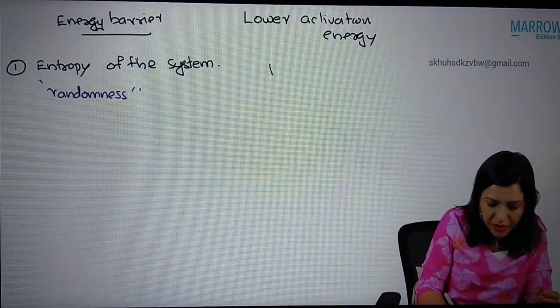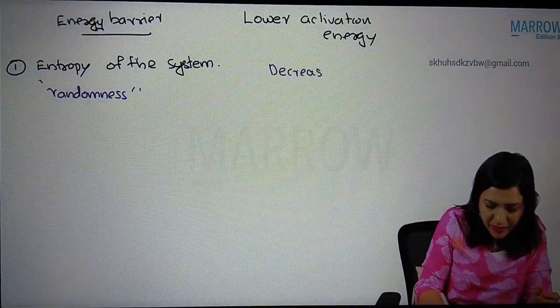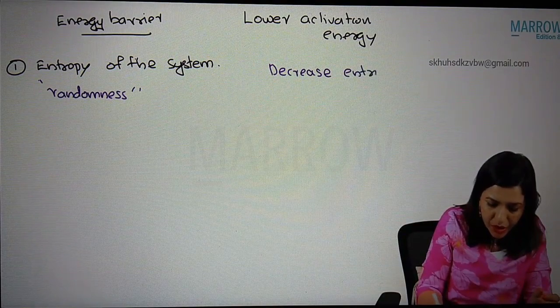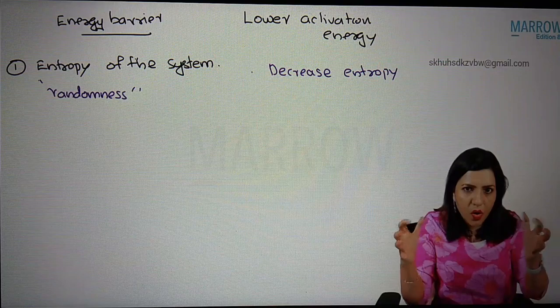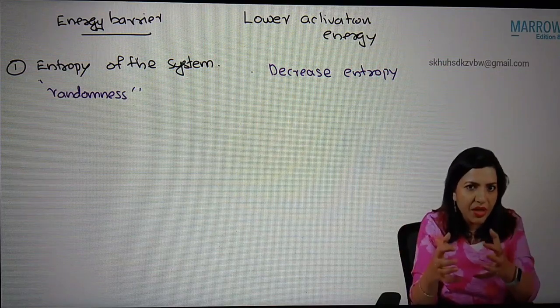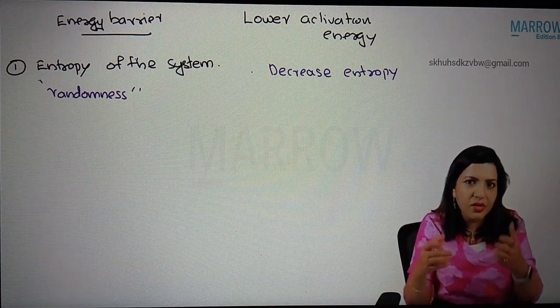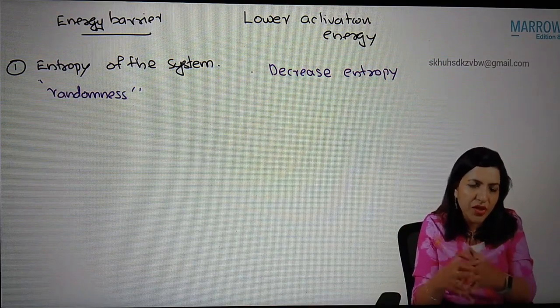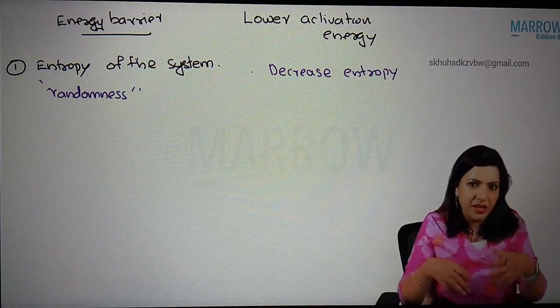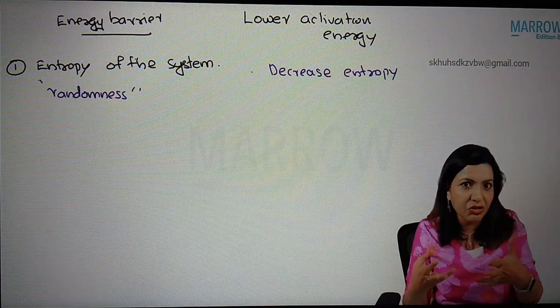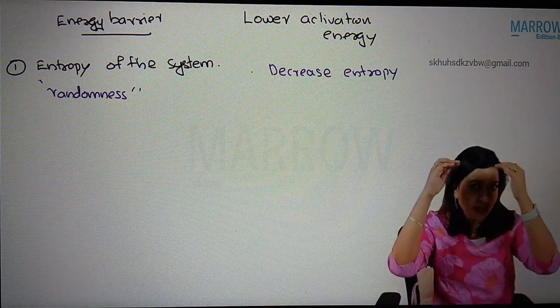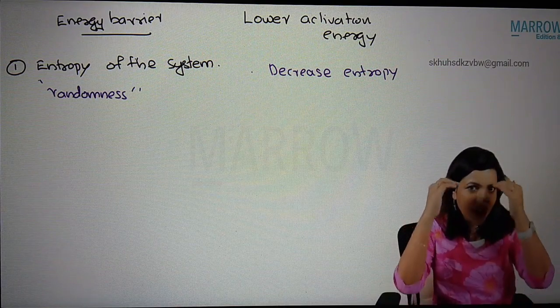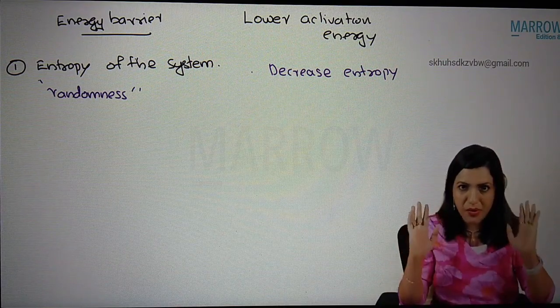The enzymes lower or decrease the entropy of the system. So all the reactants come into bond forming distance, so that the collision frequency and the possibility of that reaction taking place is high. So that is one way whereby the enzyme is making a tunnel in this huge mountain.